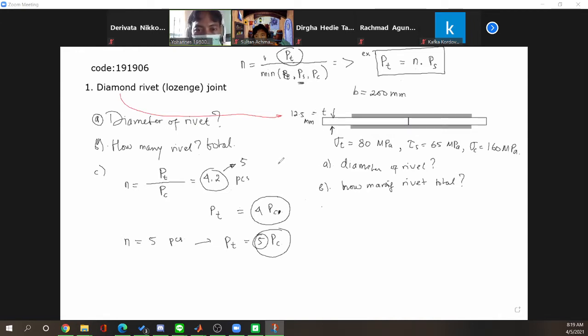It should be like this. If you choose 4, then you will have lower load resistance. So here we decide to choose 5 pieces of rivet. But how will they be arranged on the plate?